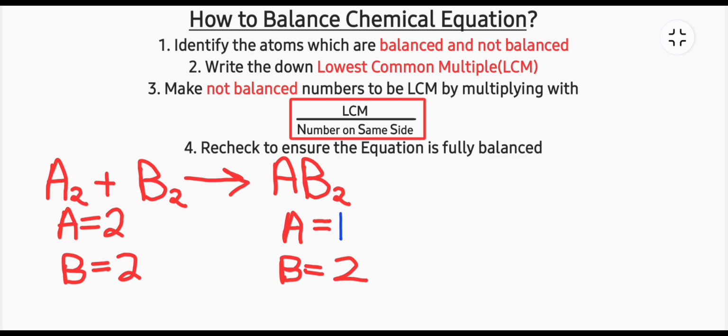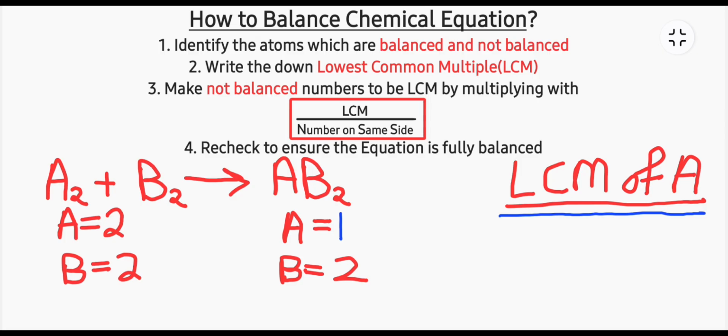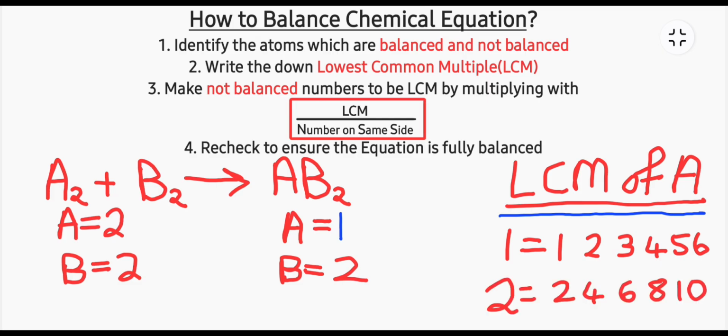So I will want to find the LCM of A. The LCM of A, for 1 and 2. The multiples of 1 are 1, 2, 3, 4, 5, 6. The multiples of 2 are 2, 4, 6, 8, 10.